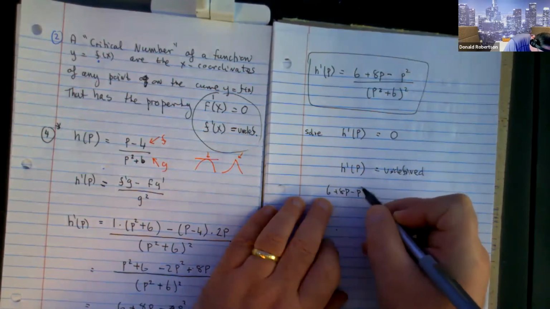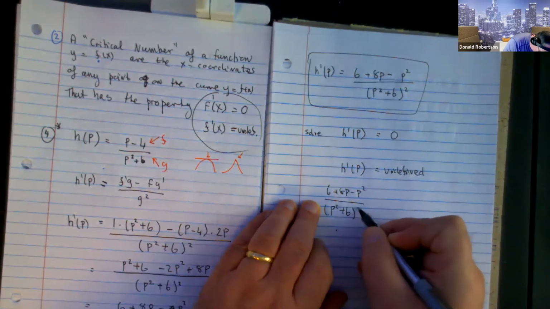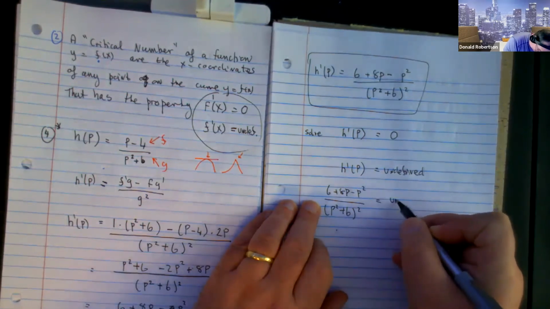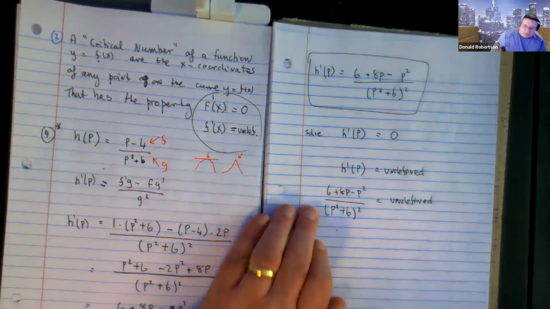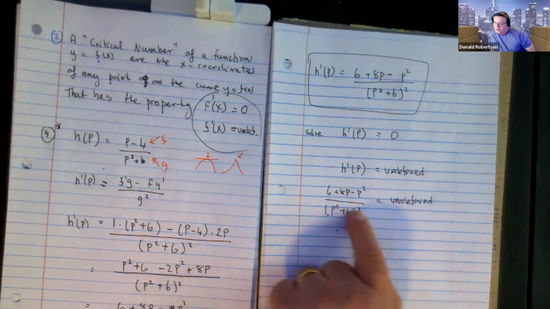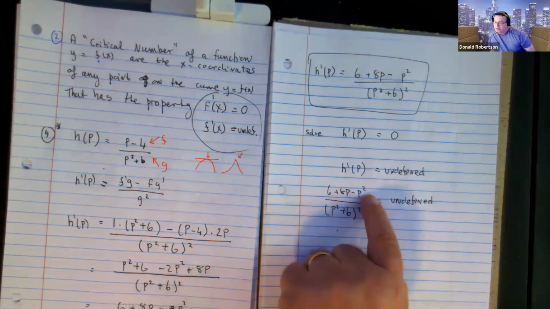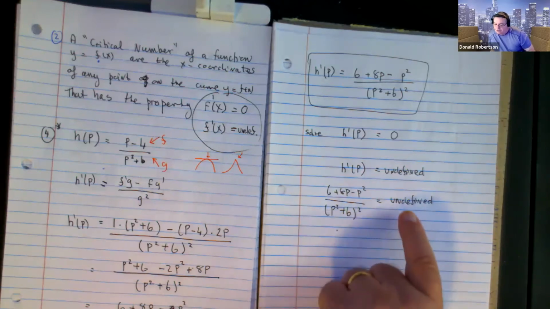We are trying to find when this fraction is undefined. Fractions are only going to be undefined when the bottom is 0, right? The top can be anything you like, but if the bottom is 0, it's going to be undefined.